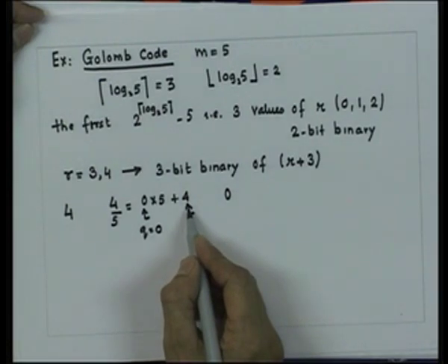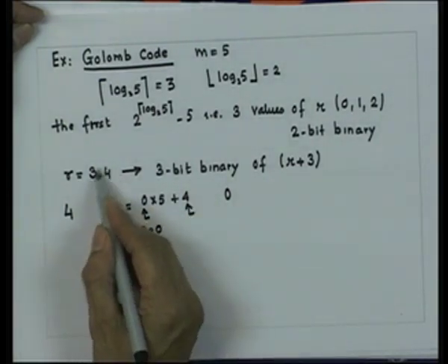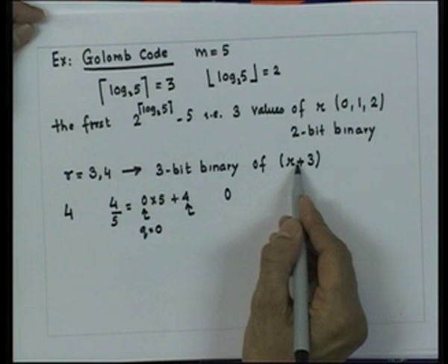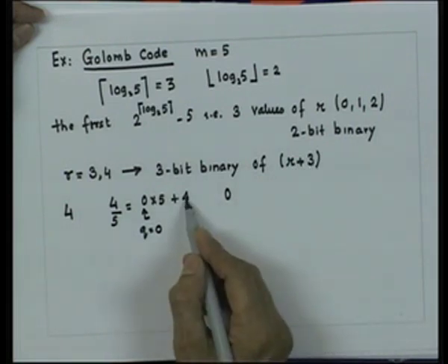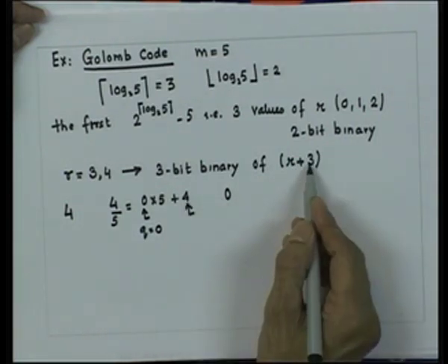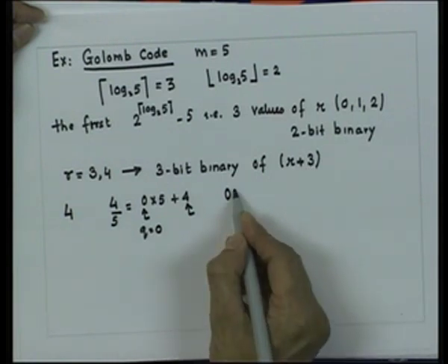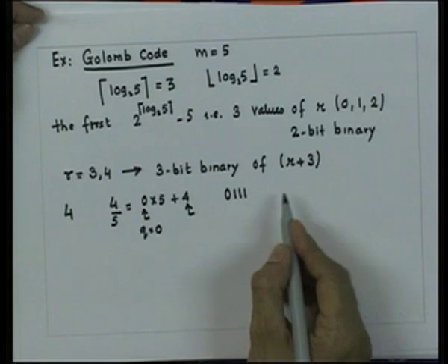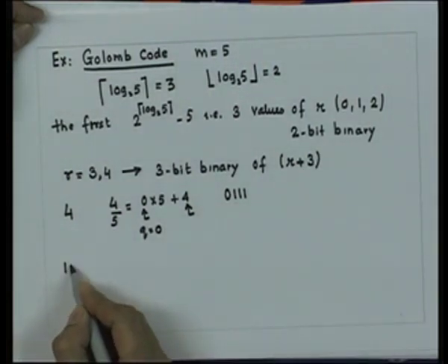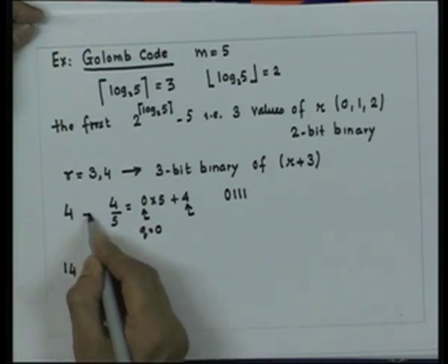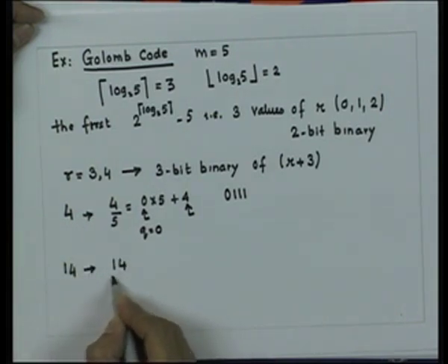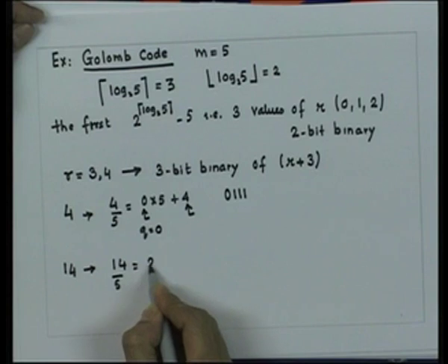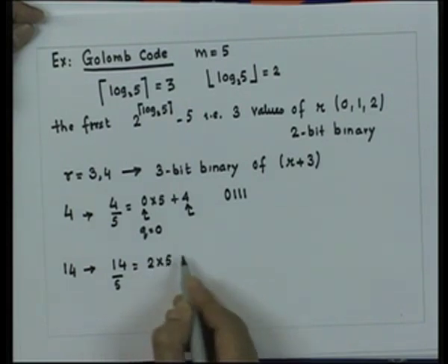Since r equal to 4 has to be represented by the 3-bit binary representation of r plus 3, 4 plus 3 is 7, and the binary representation of 7 is 1 1 1. Similarly, for the code word for 14, 14 by 5 gives me 2 multiplied by 5 plus 4.